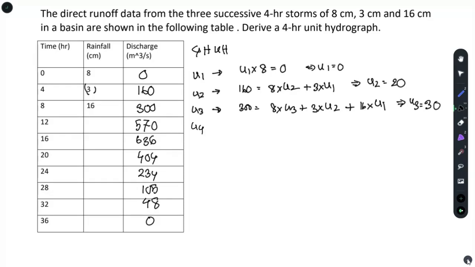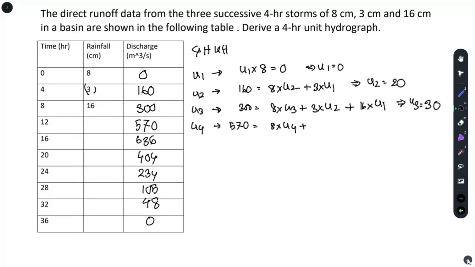To get U4, what do we do? I have a discharge of 570. For the rainfall of 8 centimeter, I'll multiply it with U4, because the 8 centimeter rainfall is in this period.